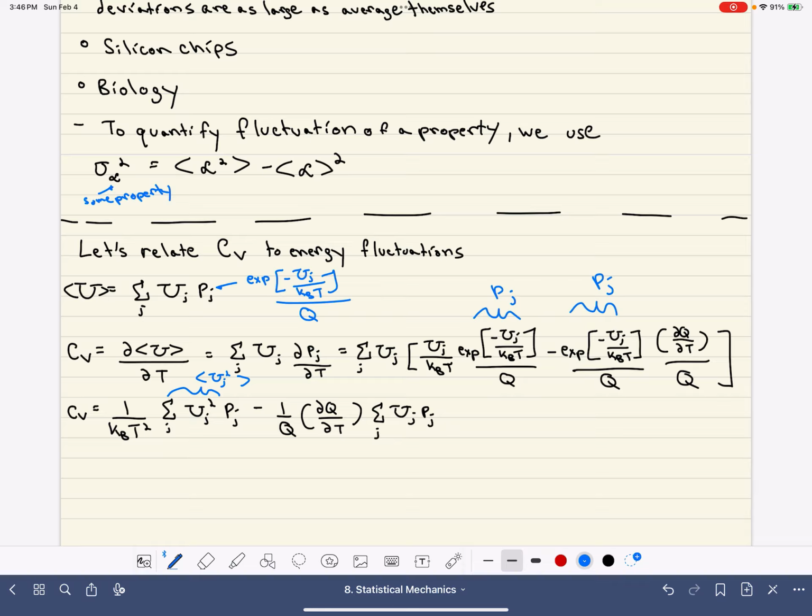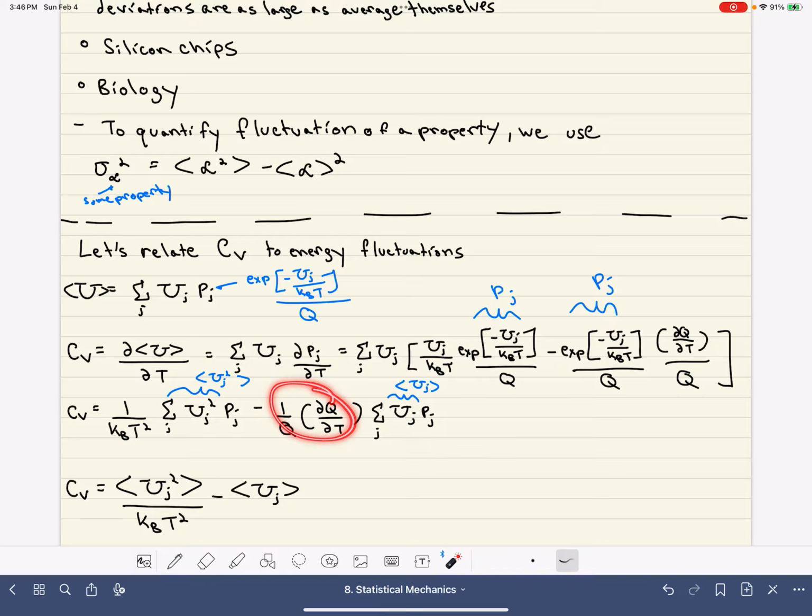And here, this is just the average of Uj, or U. So we'll write that down: the average of Uj squared divided by kBT squared minus the average of Uj. But we still have to deal with all this stuff here.